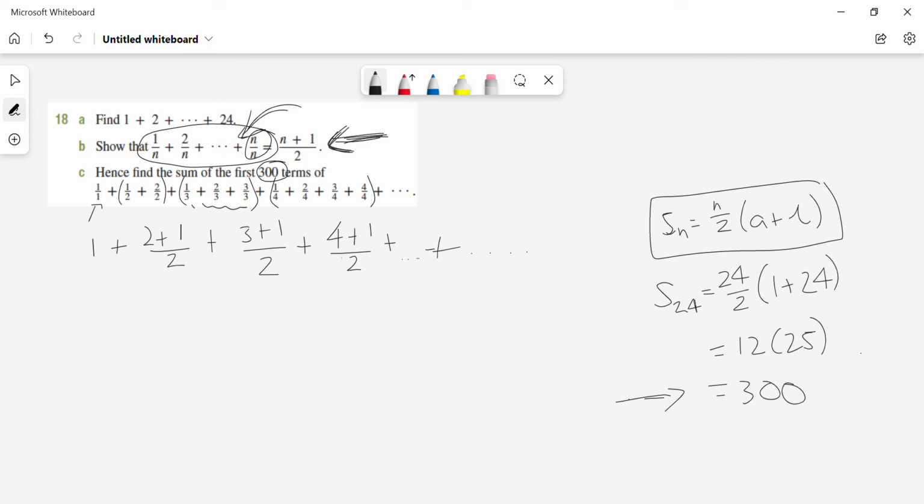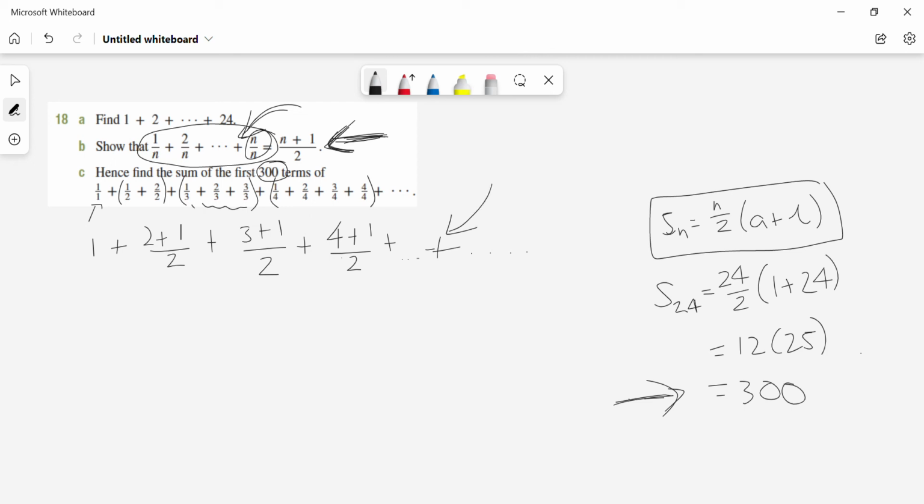So here I've got, if I am summing for 300 terms, that means that because I was subbing in to here a 1 and a 2 and a 3, etc. So if I sub in up to 24, I'm going to get 300 terms.